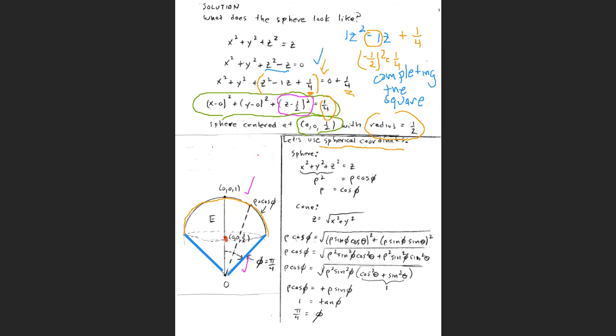And naturally, the region D that is involved has a surface above, which is the sphere, and a surface below, which is the cone. If we're going to use spherical coordinates, we have to express those surfaces in spherical coordinates.